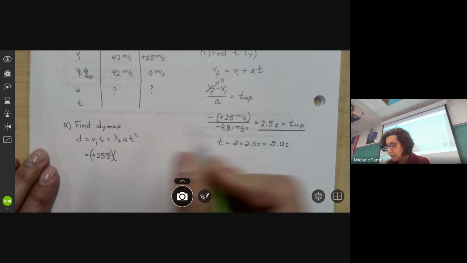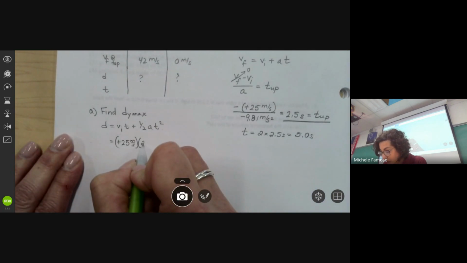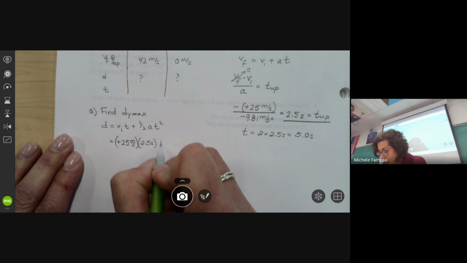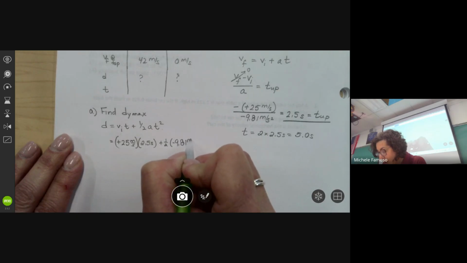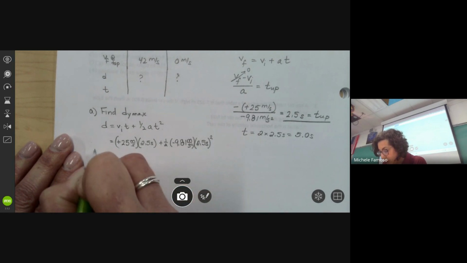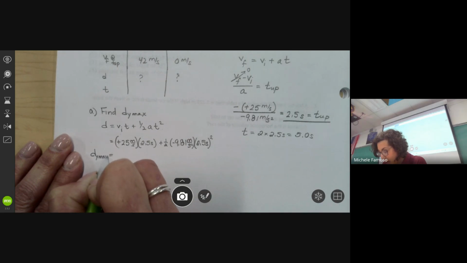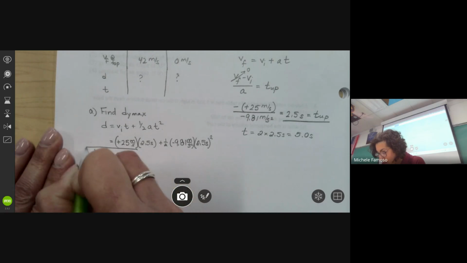The time has to be just from here to here, which I can see on the picture is the time up, 2.5 seconds, plus 1/2 of negative 9.81 meters per second squared times that 2.5 seconds, which would get squared, which gives us a maximum height of 32 meters.